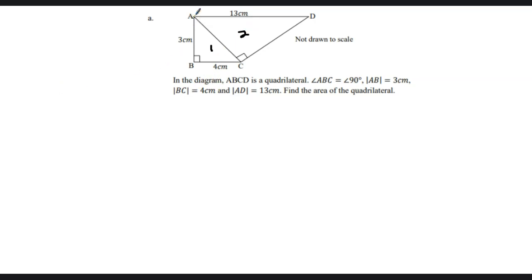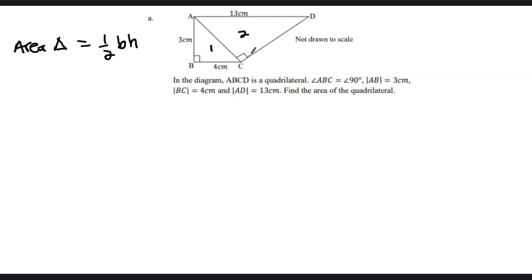We see that ABC forms a triangle. The area of a triangle is half base times height, and we have all of them, so we are able to find the area for the one that we have labeled 1. What about 2?